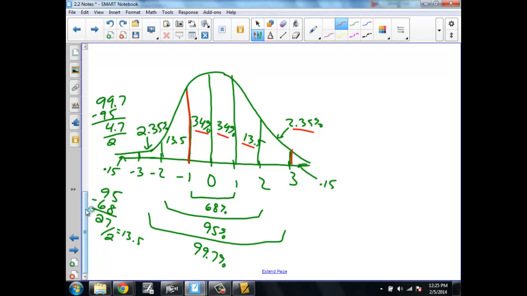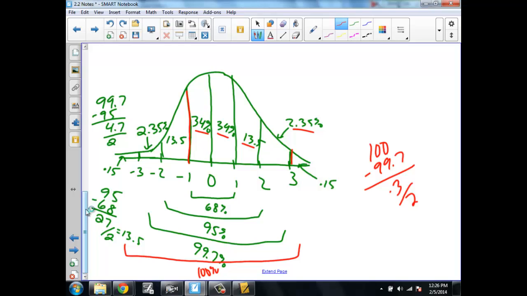The 0.15? It's 100% completely under the curve. So if that's 100%, what's the difference between those two? 0.3. So it's 0.3 for both of these ends past our 3 standard deviations. 0.3 divided by 2 gives us 0.15 on both ends. Cool?